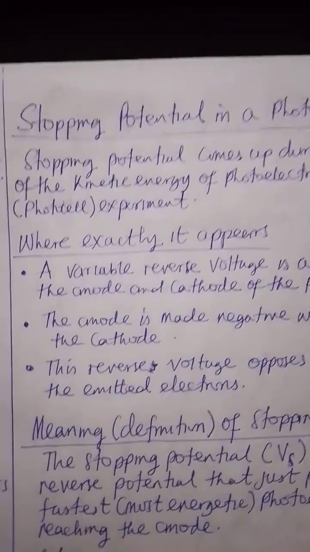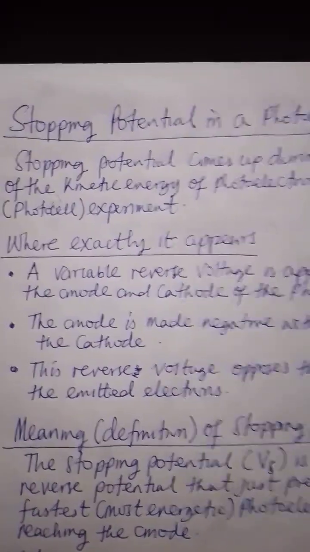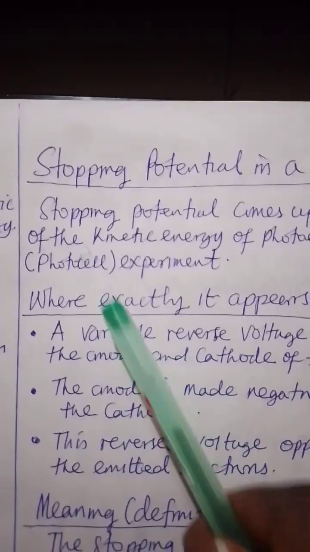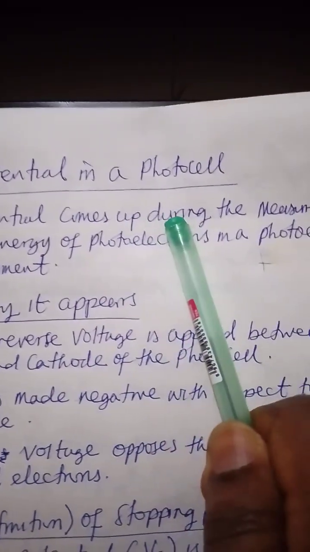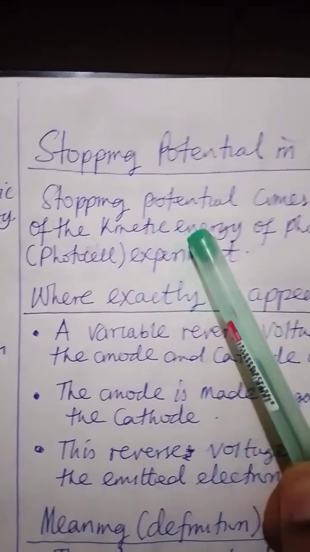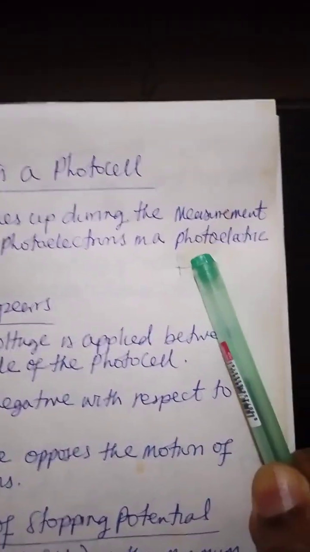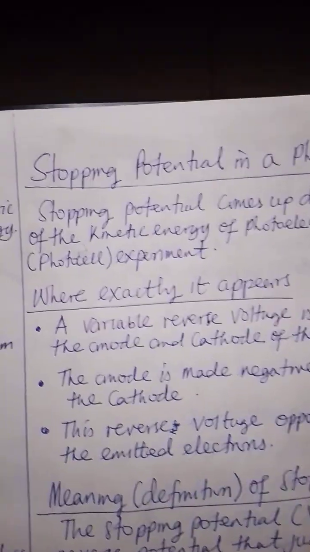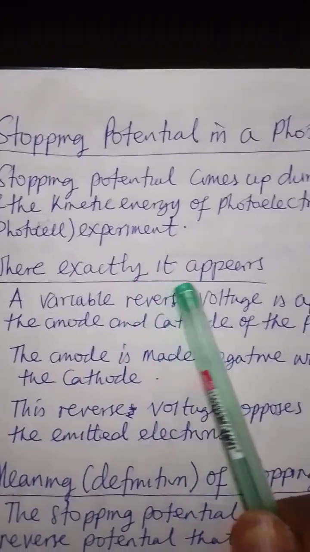This will take us to stopping potential in a photocell. Stopping potential comes up during the measurement of the kinetic energy of photoelectrons in a photocell. Where exactly does it appear?